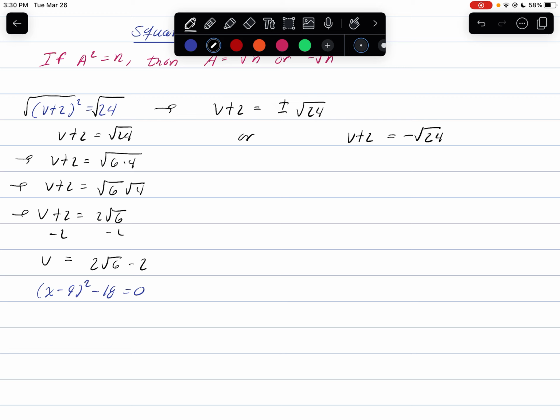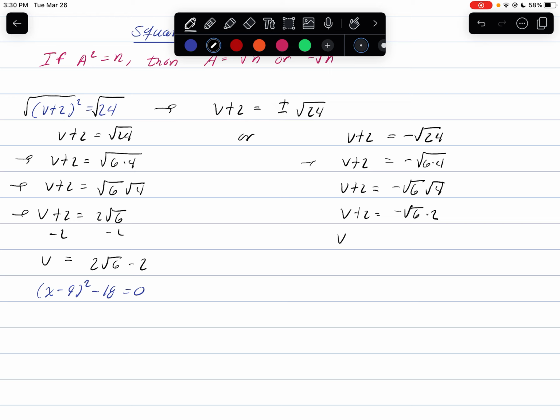Okay, so here we have v plus 2 is equal to negative square root of 6 times 4. And then v plus 2 equals negative square root of 6 times square root of 4. V plus 2 equals negative square root of 6 times 2.